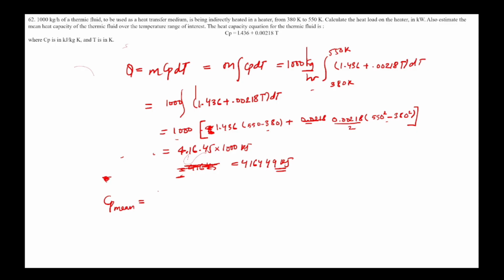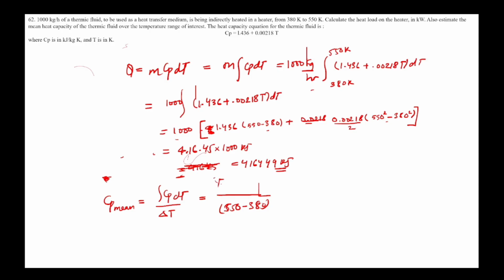the integral of Cp dT divided by delta T. Okay, so Cp dT divided by delta T. Delta T will be 550 minus 380, and the whole term will come. Which whole term?